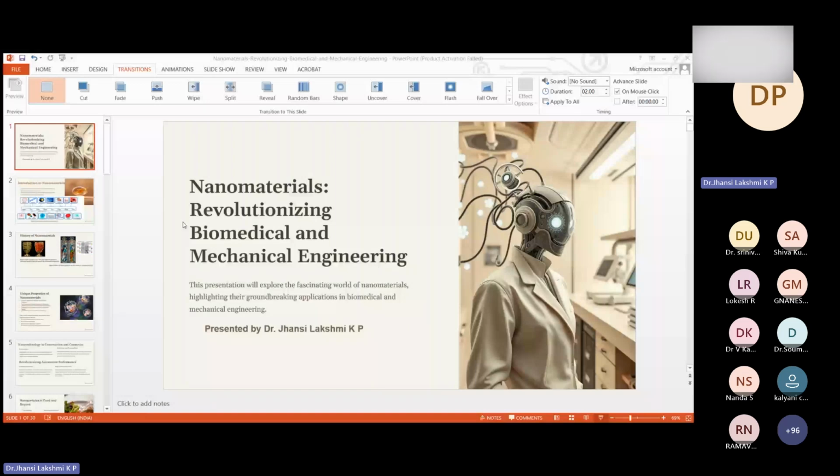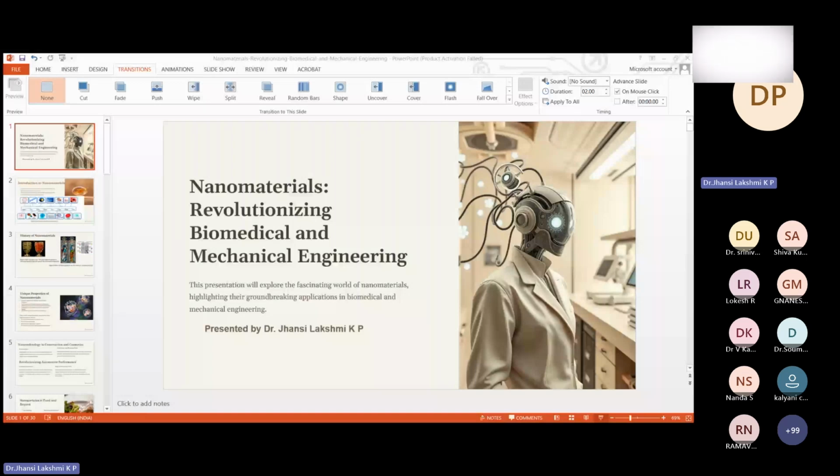Because I am from the mechanical engineering field and I have done my research using nanoparticles, I have chosen this field also. And as this FDP is concerned with the biomedical one, I'm just putting a little light on the uses of nanomaterials in biomedical applications also.